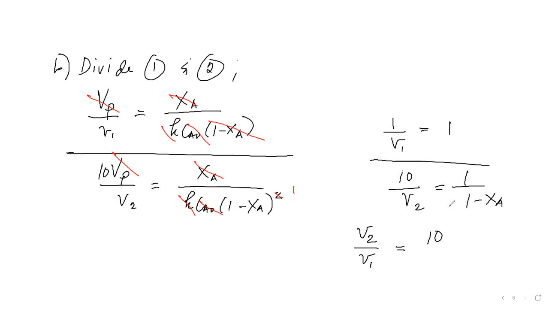Wait, class, do you have 10 here? Oh, you have 10 here. You can place the 10 here over 10 is equal to 1. So you have 1 minus XA.